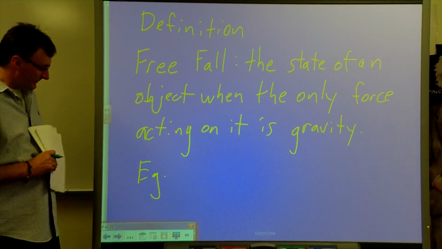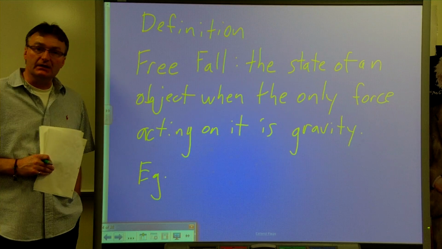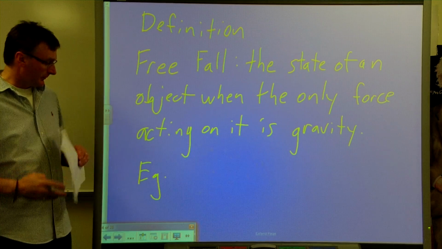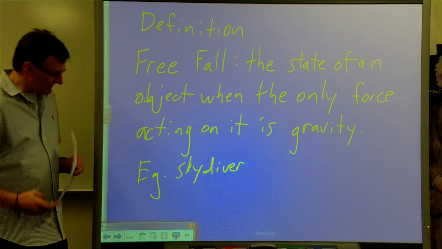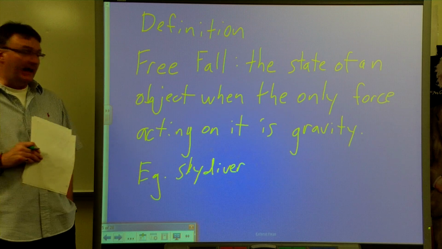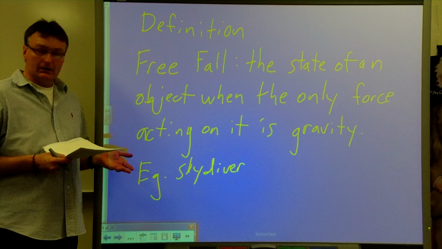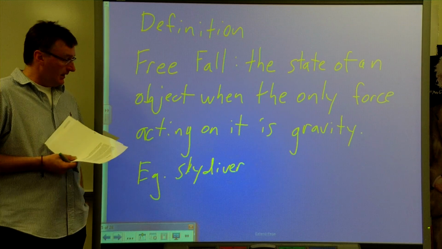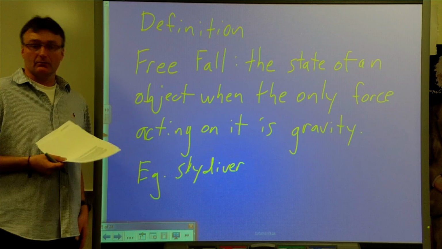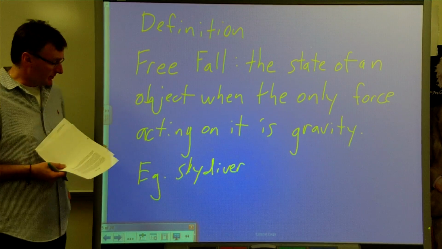So for example, the usual way that we use the term free fall is when somebody is skydiving. This is when somebody jumps out of a perfectly good airplane. I'm not quite sure why a person would want to do such a thing, but people do that.